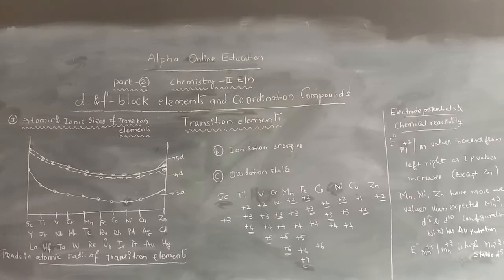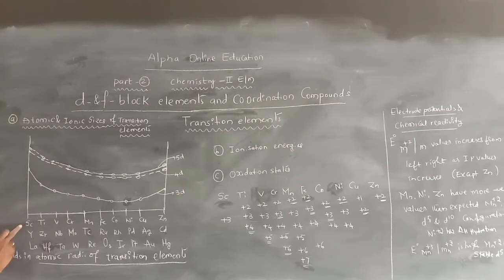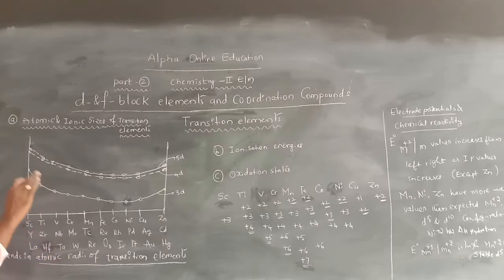Then from scandium to yttrium, yttrium to lanthanum, while the atomic number increases, size increases. This is the same group property. Scandium to lanthanum, the atomic sizes increase while increasing the atomic number.